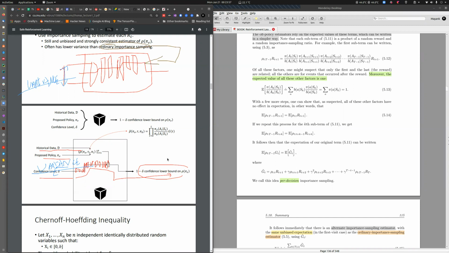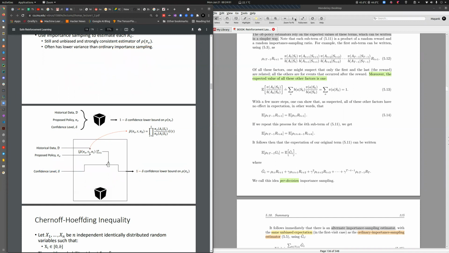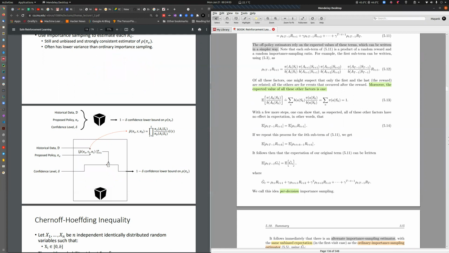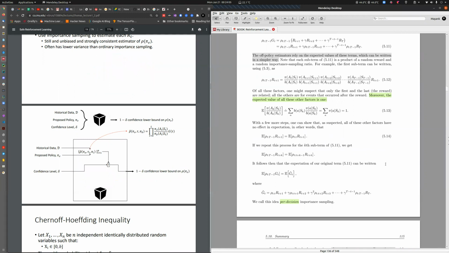This is the per decision one, and then this G tilde is the per decision importance sampling idea that we took.